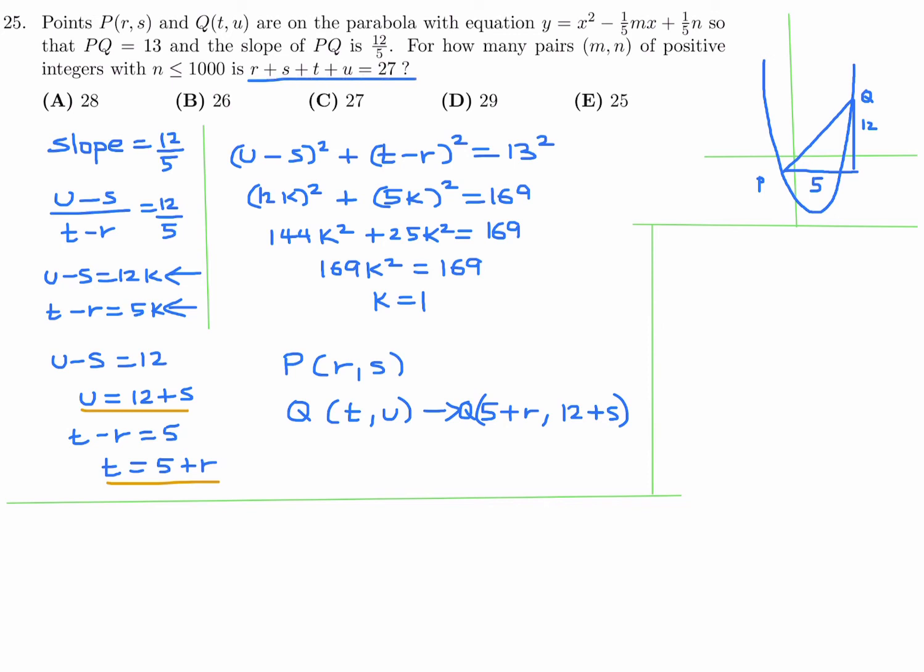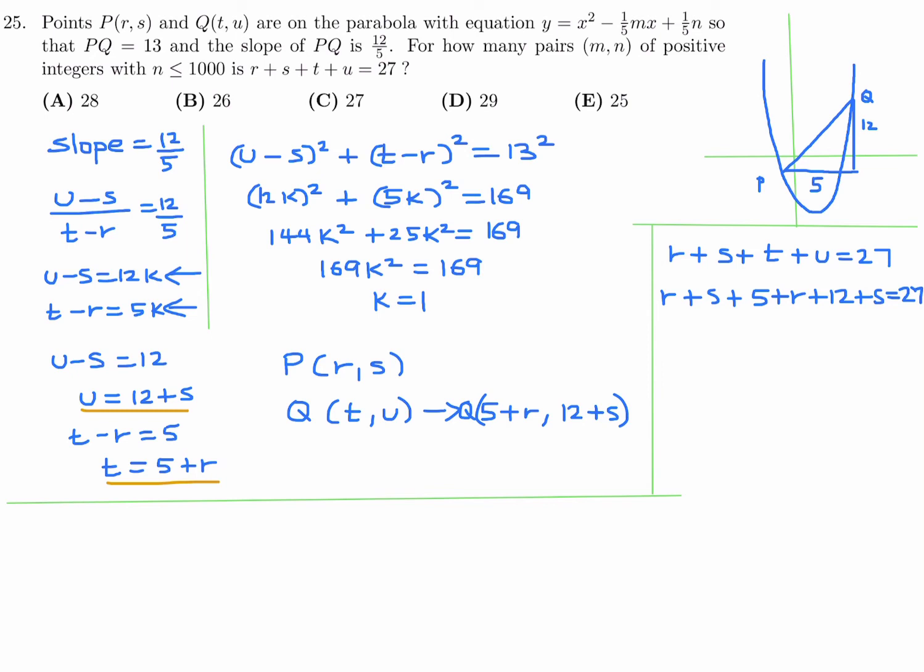Now let's turn our attention to this part of the question. They want R + S + T + U equal to 27. I know some nice relationships, so let's substitute those in. T is 5 + R and U is 12 + S. So R + S + (5 + R) + (12 + S) = 27.